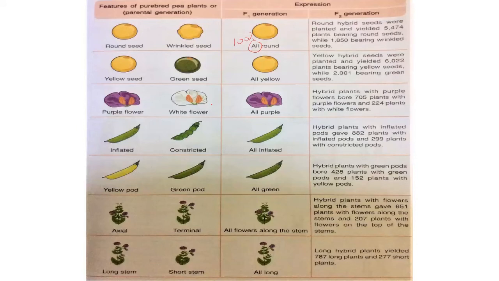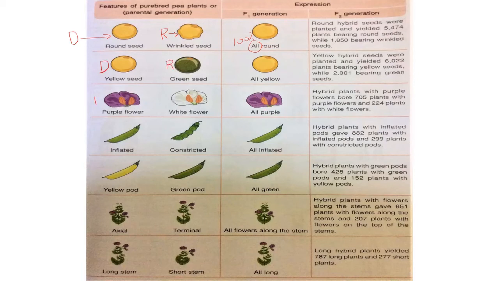So in your F1 generation here, we can say that your round characteristic is your dominant trait, and this one is your recessive trait. All yellow here, yellow is your dominant, and your green seed is your recessive.